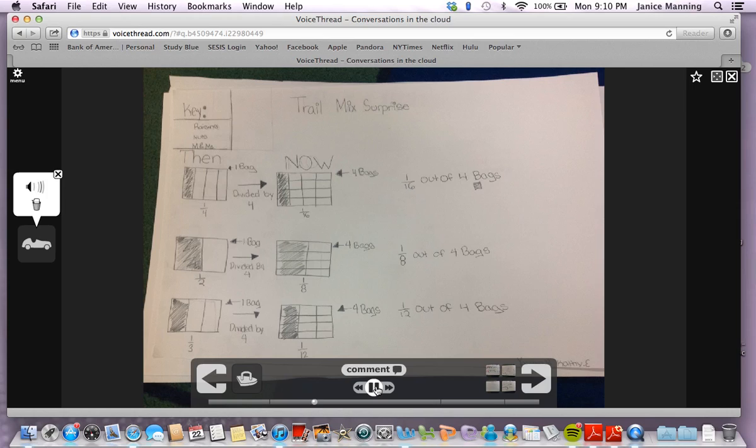Then they divided the bag by 4 and got 1/16 for the 1/4 bag, and it turned into a 1/16 bag. Then they took the half of bag and divided it by 4 and got 1/8, and the 1/3 bag and divided it by 4 and got 1/12. What I understand about this is that Yasmin and Kathy E split up the recipes into 4 small groups to get their answer. So it'll be 4 small bags.